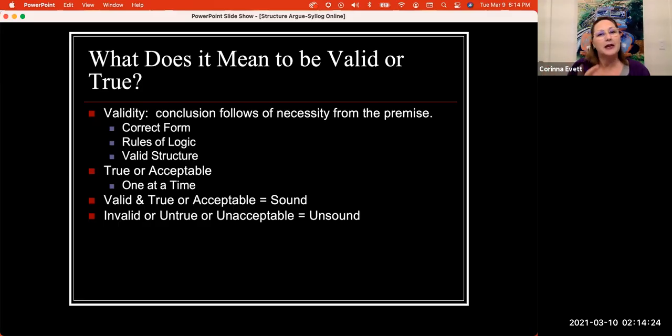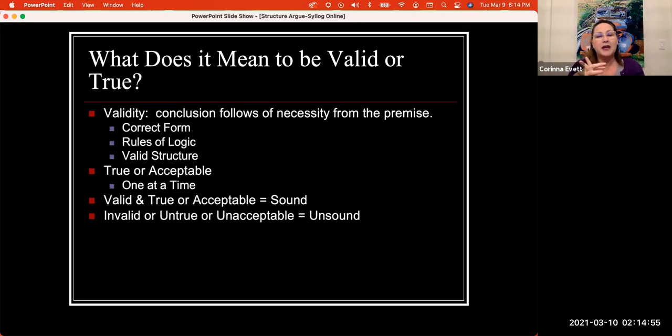Now, this is really interesting, and I really want you to come back to this concept throughout the rest of the semester, because this has nothing to do with persuasiveness. I'm hoping that you will be able to see and identify the difference, in any argument you read or hear, between whether the argument is sound or unsound, and then separate that from whether or not the argument is persuasive.